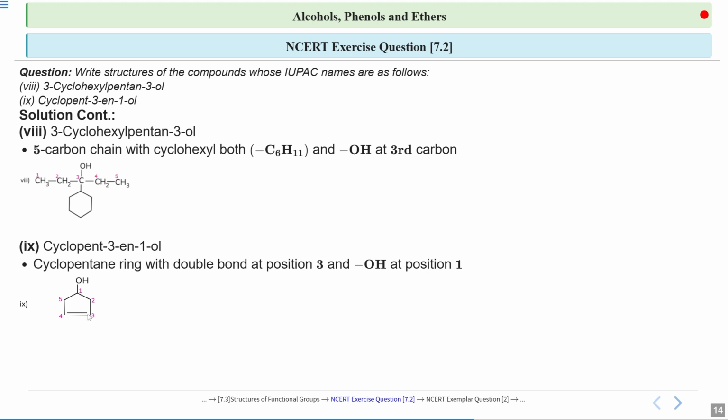If the double bond were between 2 and 3, the name would have 2-ene, because the lowest number goes to the double bond carbon. But we are given 3 as the number in the name, which means the 3 and 4 carbons are included in the double bond. So this is the structure we got for cyclopent-3-en-1-ol.